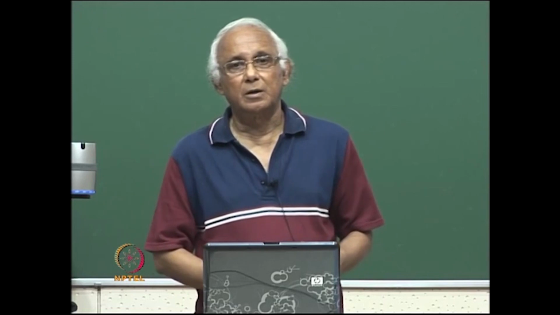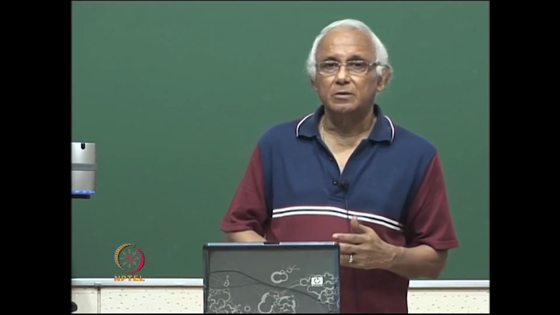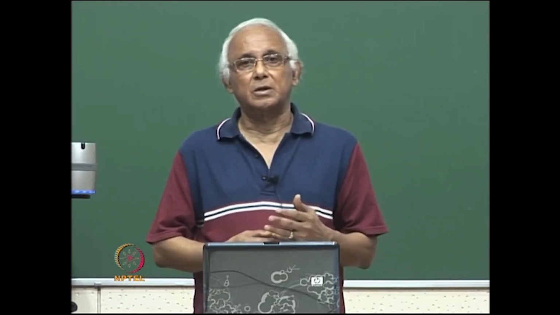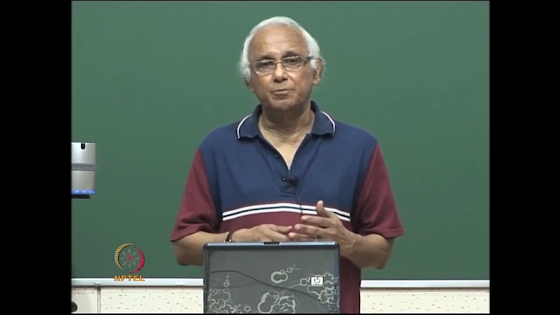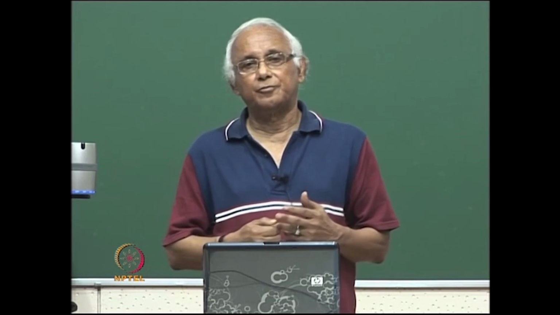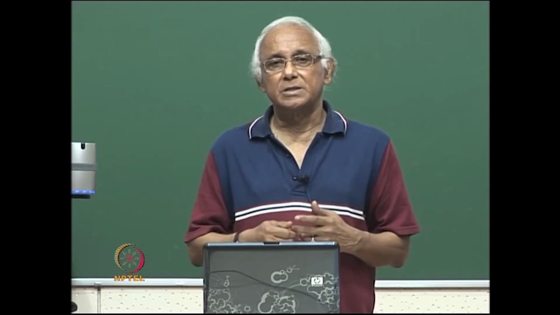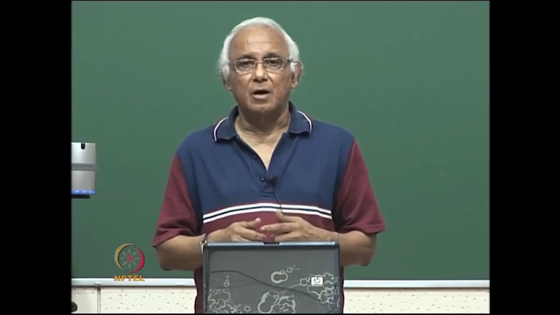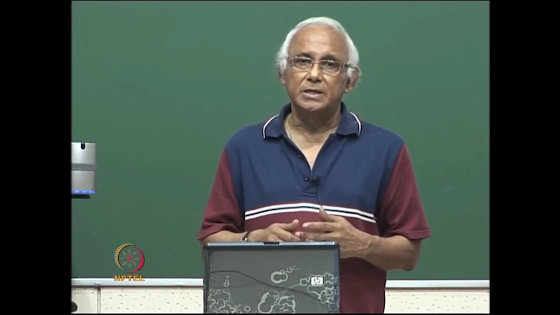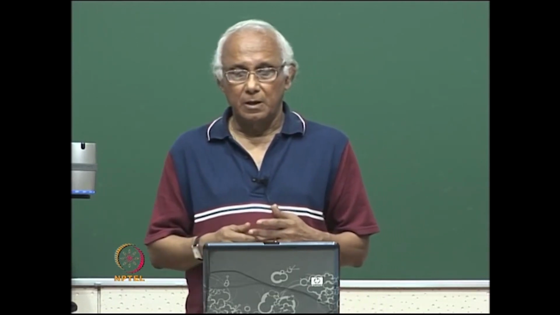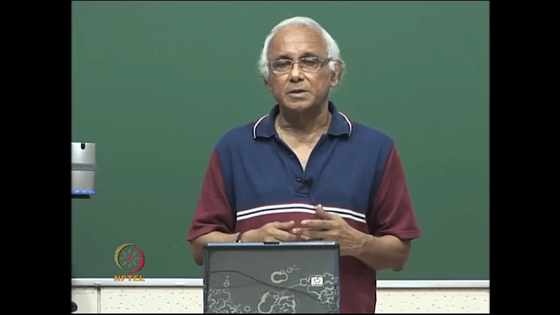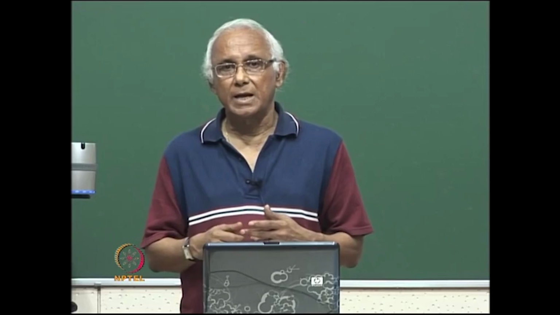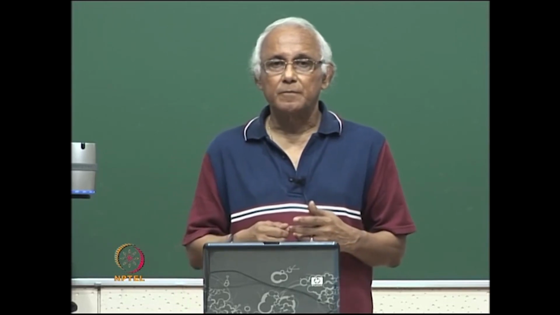So, in today's lecture, what we have discussed is the input for the analysis of structures for earthquake. These inputs could be of several types, and the one which we use depends upon the type of problem and the analysis that we are doing.